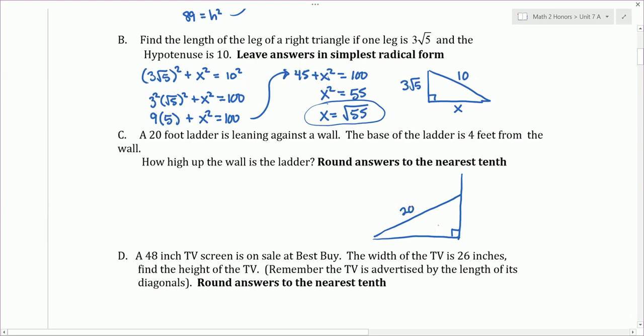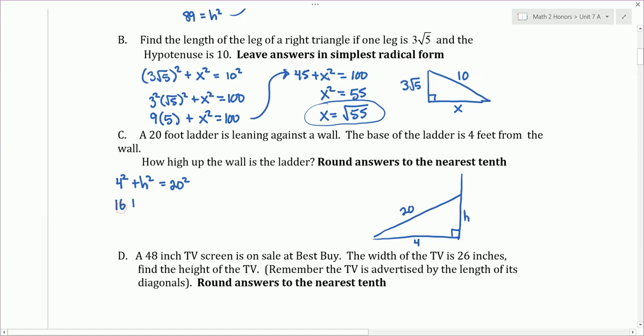The base of the ladder is 4 feet from the wall. So that is the distance along the ground. And we're looking for the height. I'll use lowercase h for the height, or how high up the wall is the ladder. Using Pythagorean theorem, we get 4 squared plus h squared equals 20 squared.